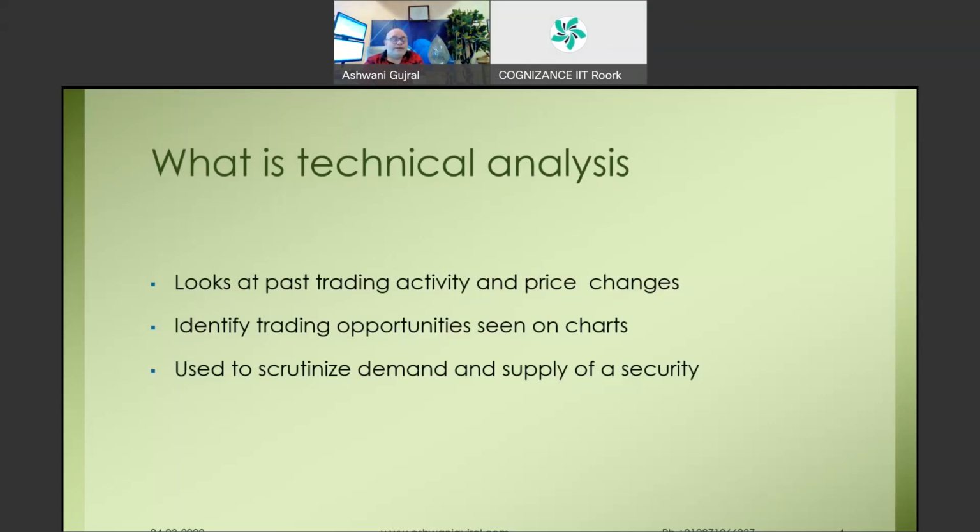And it is the most prevalent instrument to scrutinize the demand and supply of a security. Anybody who has basic economics knowledge would understand, if there is a huge amount of demand for something, the price goes up. And if the supply is very large and the demand is not all that large, the prices come down. So that is the basic logic of charting.